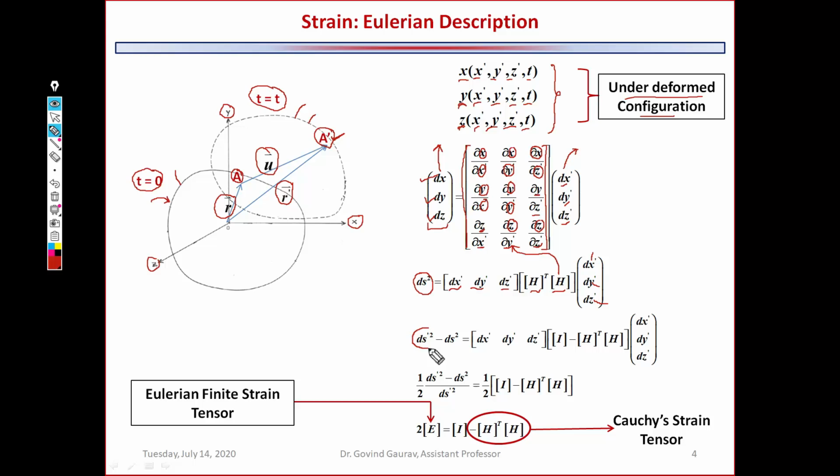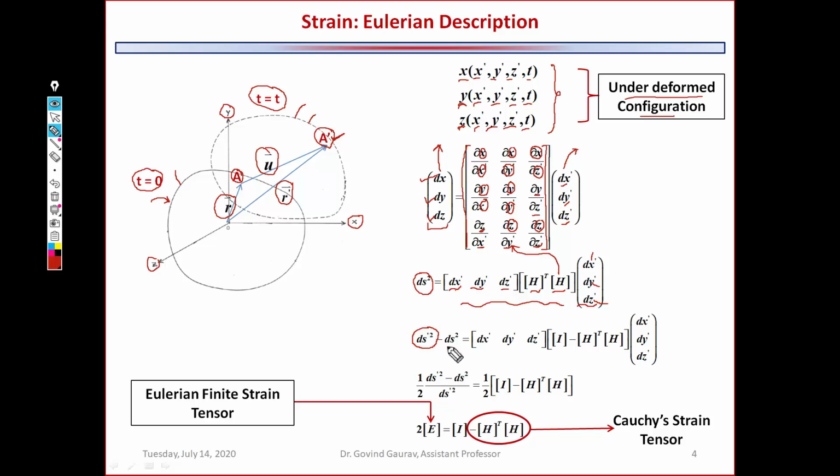Now we need to calculate the values of ds dash square. So how will we calculate? Again we will do the same formulations that we have done over here. So ds prime will be what? It will be dx dash, dy dash and dz dash multiplied by these terms, again dx dash, dy dash and dz dash.